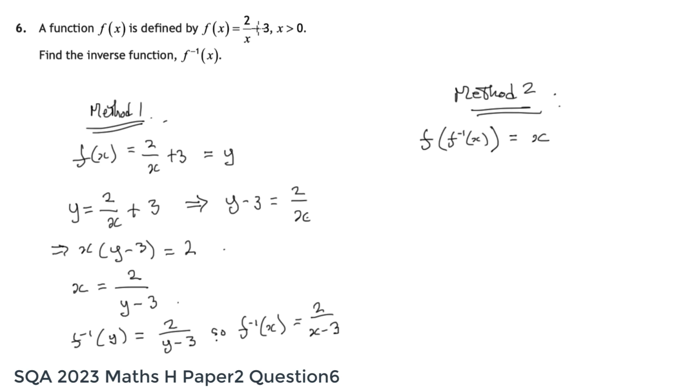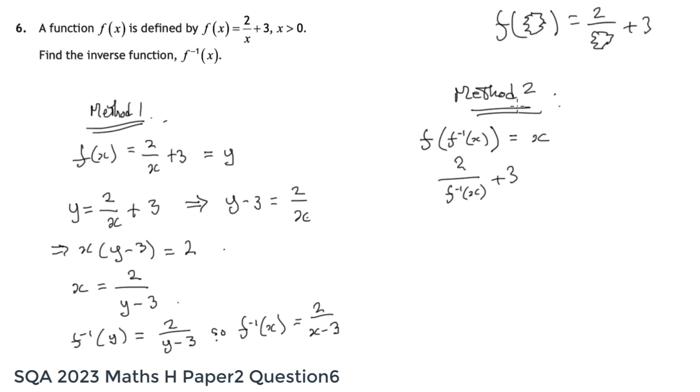Now, what does the function f do when you put x in? It goes 2 over x plus 3. So if you put f to the minus 1 of x in, you will get 2 over f to the minus 1 of x plus 3. Anything that goes into f, let's call it squiggle, goes into f, 2 over squiggle plus 3.